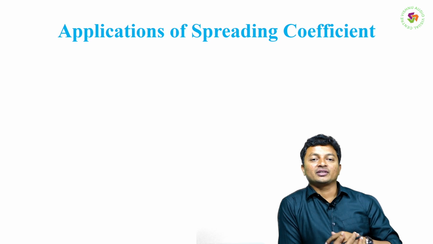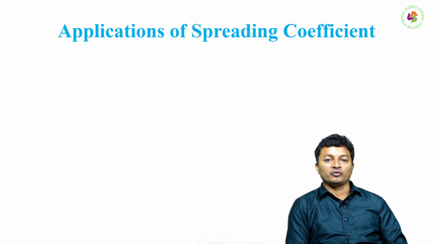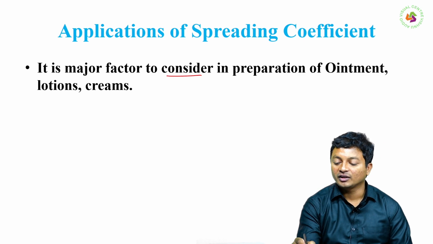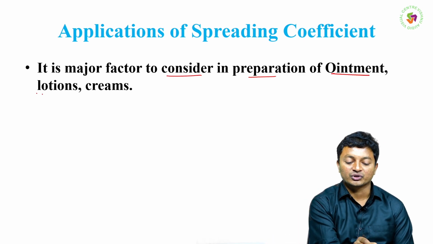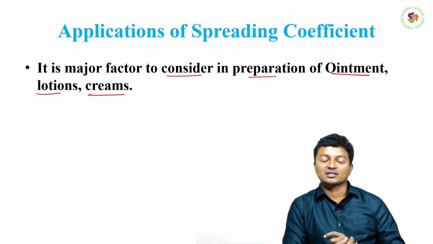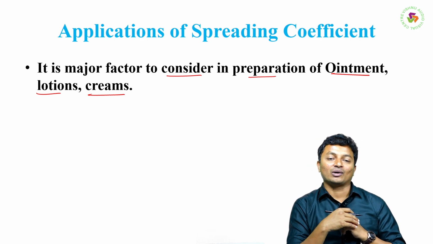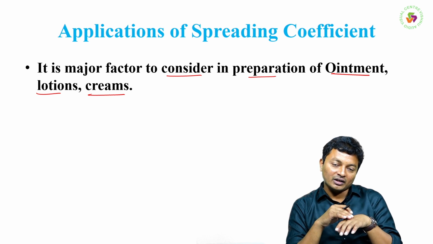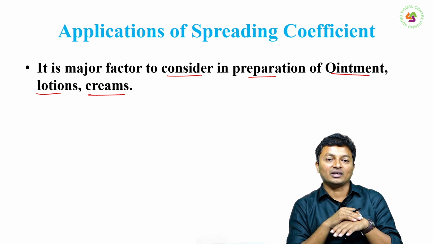Now we'll discuss the applications of the spreading coefficient. It is a major factor to consider in the preparation of ointments, lotions and creams, because while we apply them on the skin, the ointment or lotion should spread easily and uniformly.